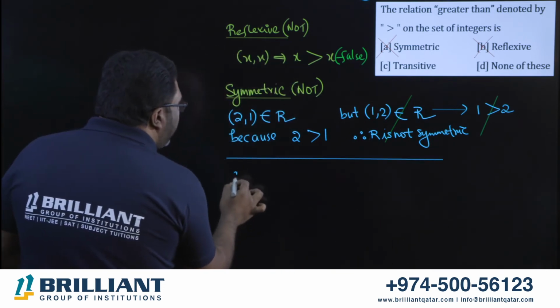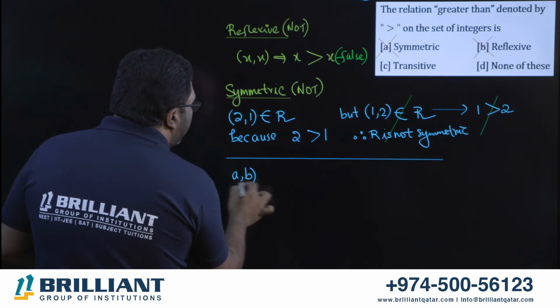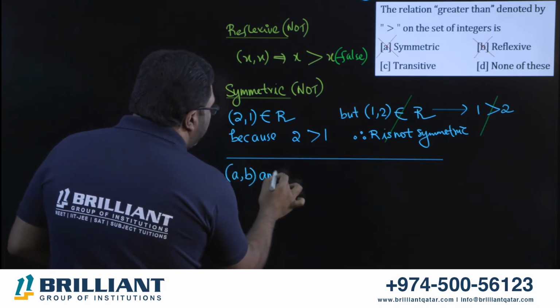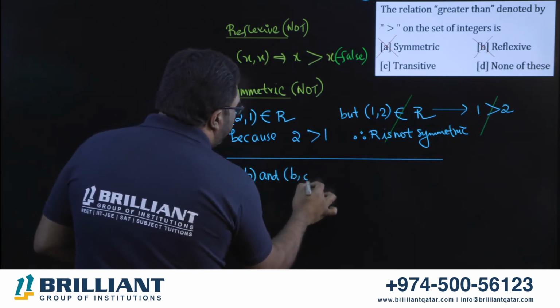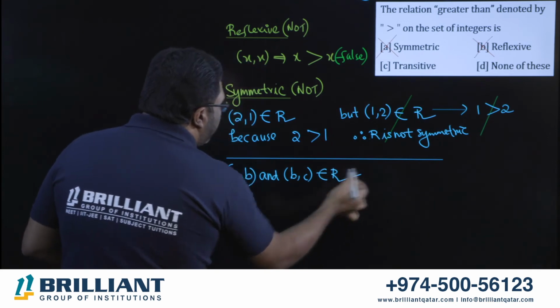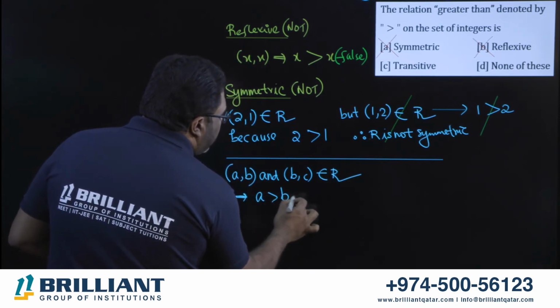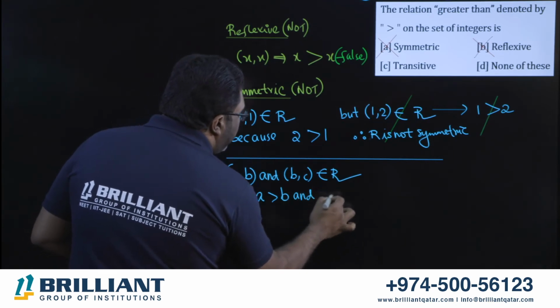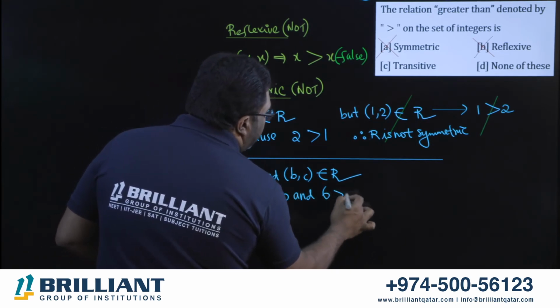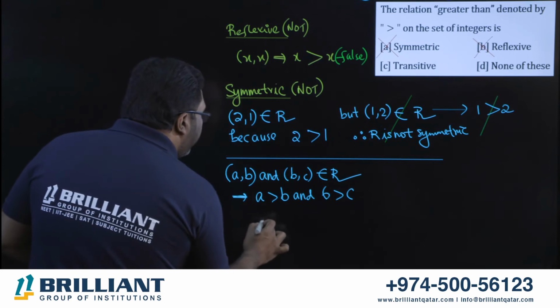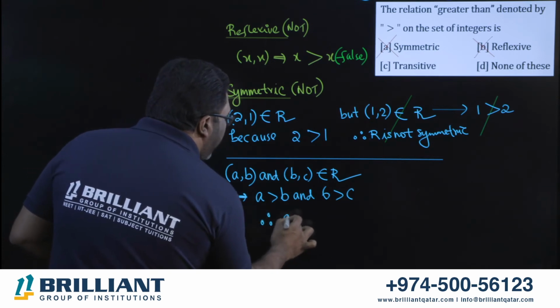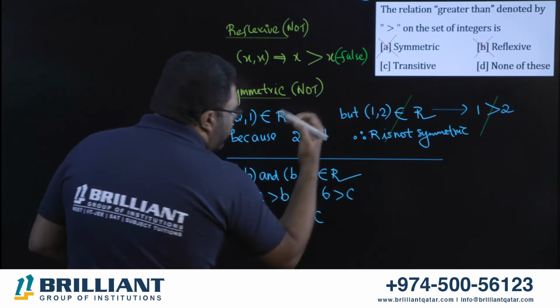So I'm saying that A comma B and B comma C belongs to R implies A is greater than B and B is greater than C. Therefore, can I say that A is obviously greater than C?